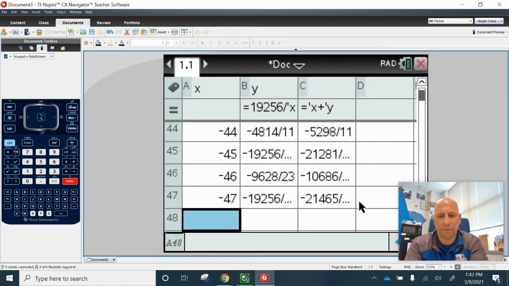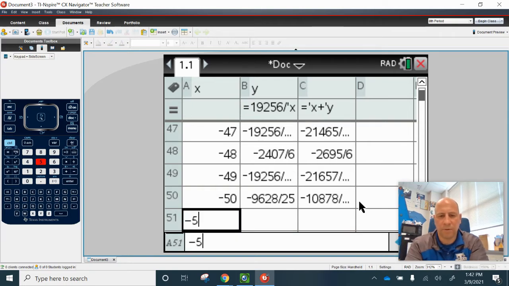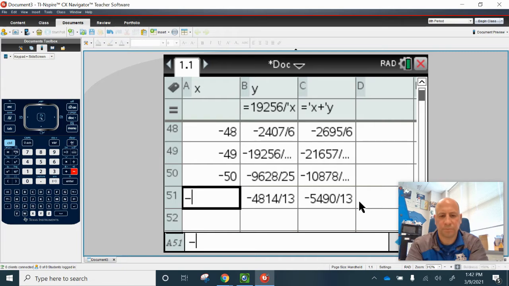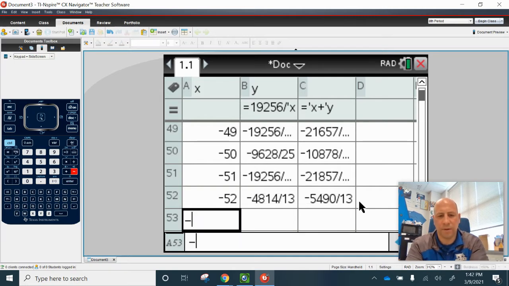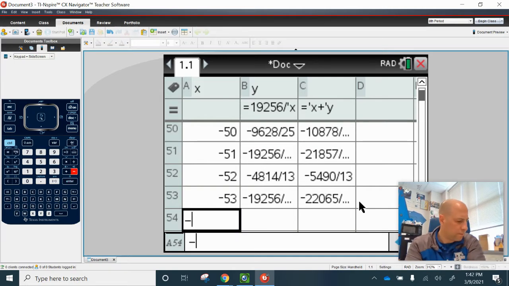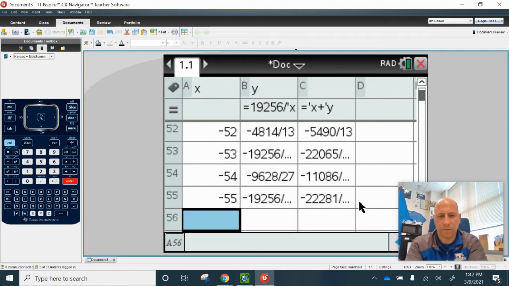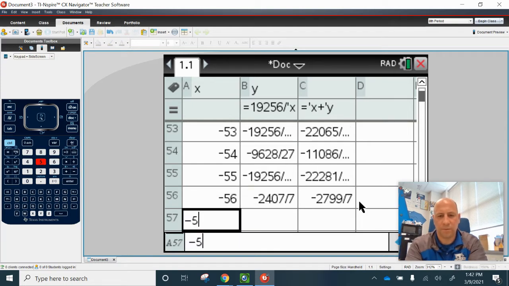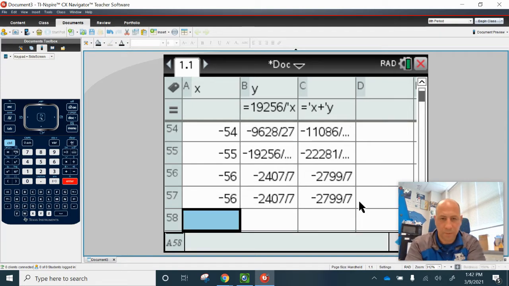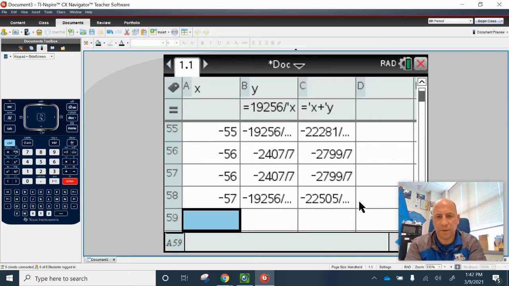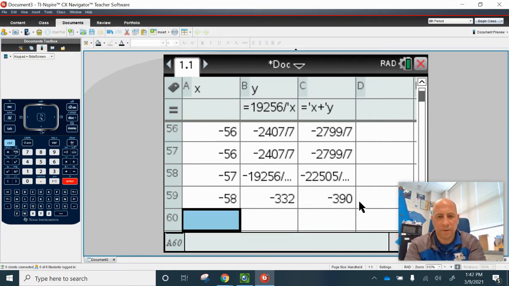Just going to keep going. Negative 48, negative 49, negative 50, negative 51, negative 52, negative 53, negative 54, negative 57, negative 58. We're at negative 390, so we're getting really close.